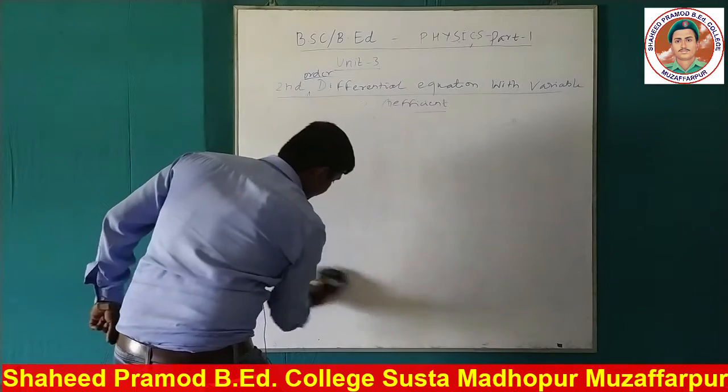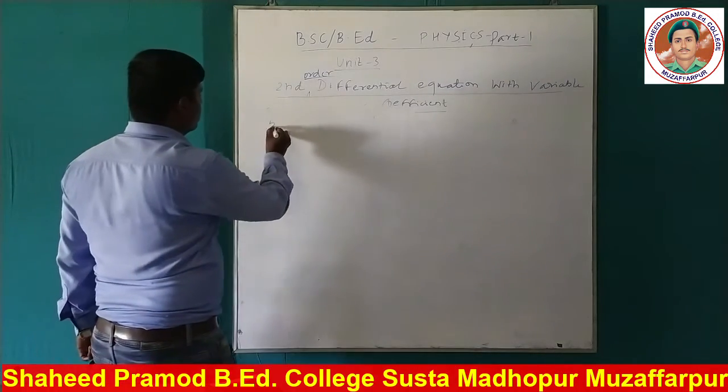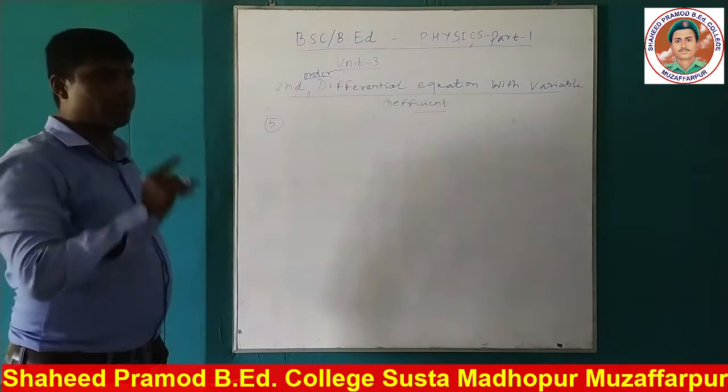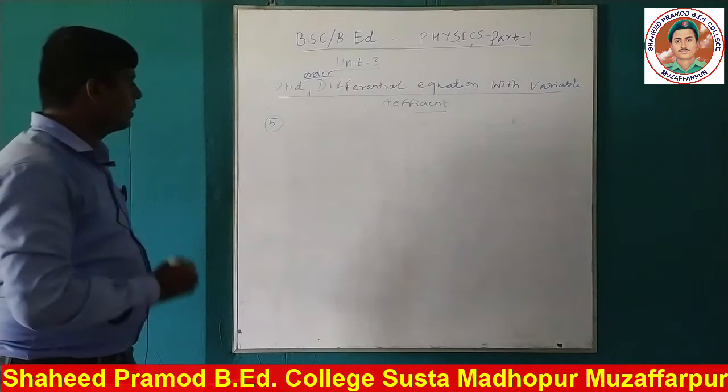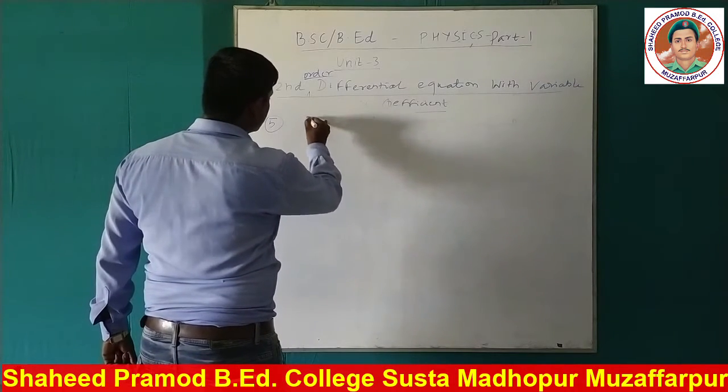Or step number 5. What is step number 5? Since you got the value of u by checking the conditions, either of them, then you have to put the value of u in this equation.